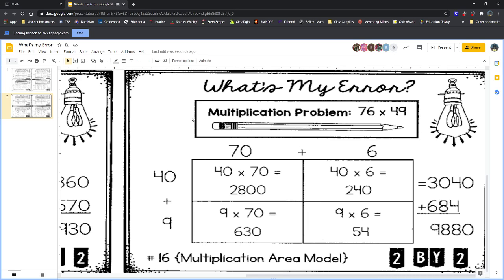Bailey with the B? They needed to line up their numbers. So they did all their multiplication correct, which is a real shame that they did all that hard work. They worked so hard to get their multiplication correct. And then when they went to add it up, they just didn't line everything up. All they had to do, they would have gotten that one correct.